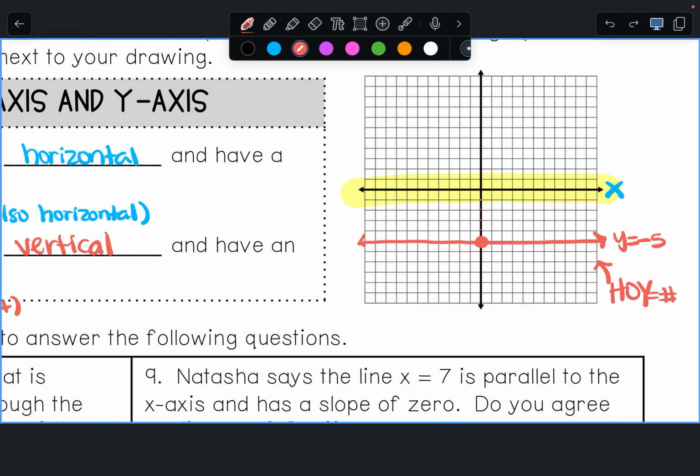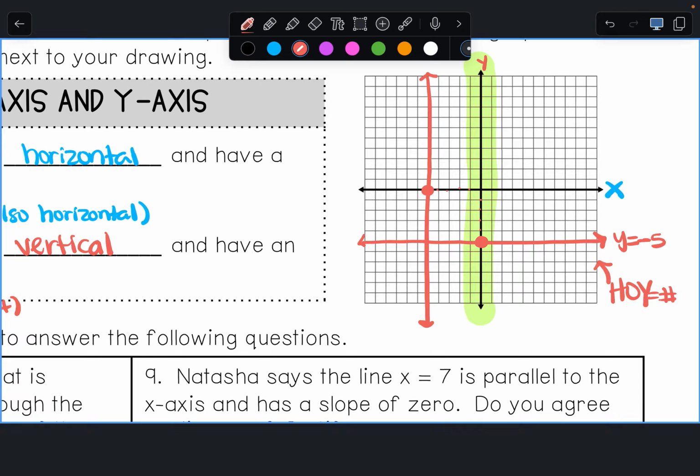Correct. All right, now, if it's parallel to the y-axis, I'm going to highlight my y-axis. If it's parallel to the y-axis, that parallel line will also be what? Up and down. Vertical, okay? So I'm going to draw myself a vertical line. I think I picked -5.